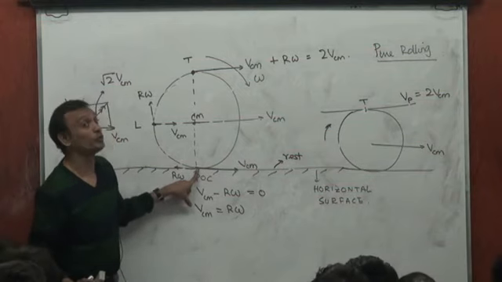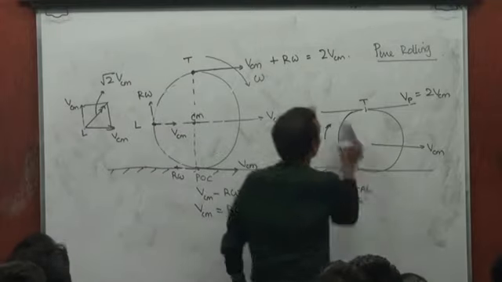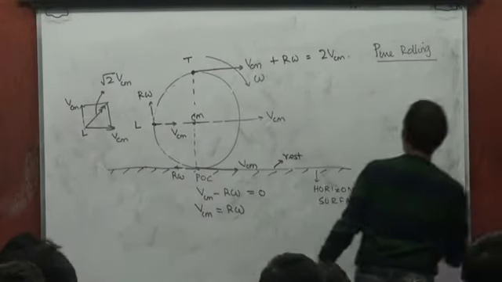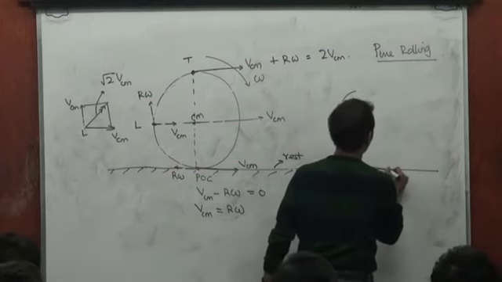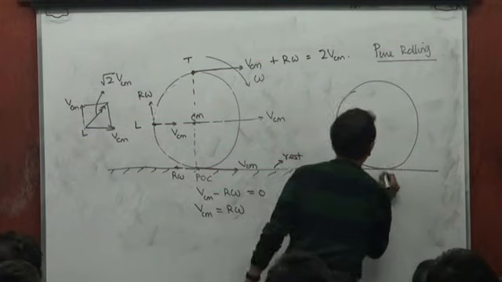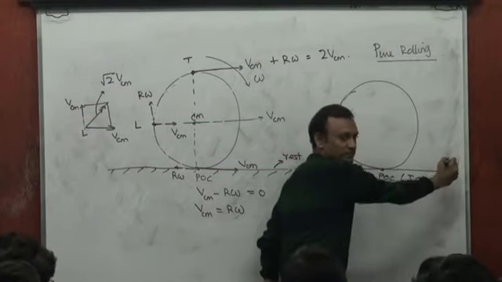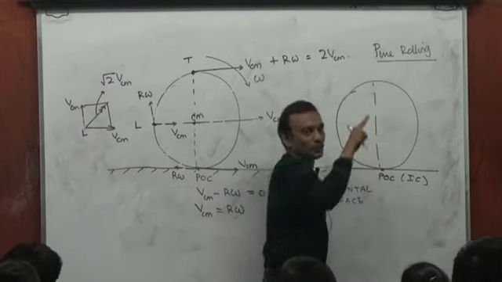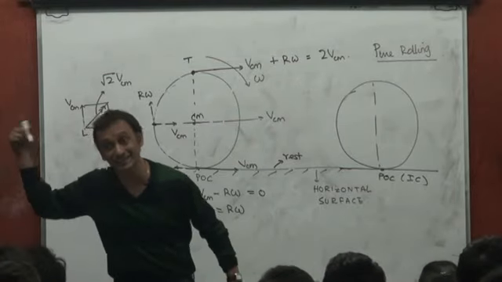So the point of contact could be looked upon as the instantaneous center, yes or no? Then in one shot, all other points are in a state of pure rotation about the point of contact in this case.